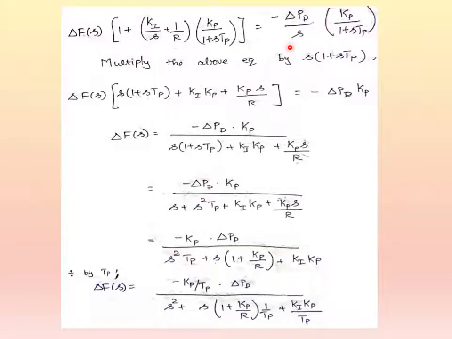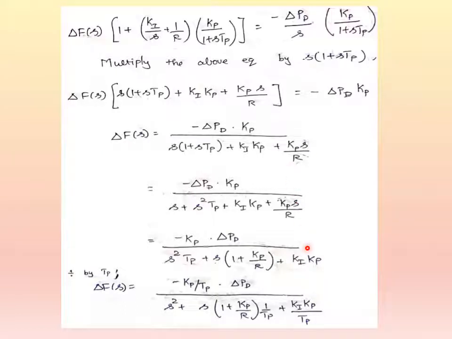On substituting for the step change in load demand, your expression will be written in this form. Next we have to cross multiply this S into 1 plus S Tp to the other side. So you will be getting this expression. So finally we need del f of s, and del f of s will be written in this form.